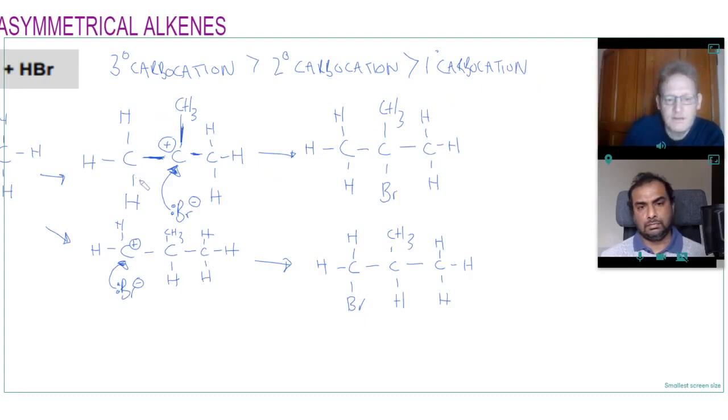So our second carbocation here, if we look at the carbon with the positive charge, that just has 1 alkyl group attached to it.